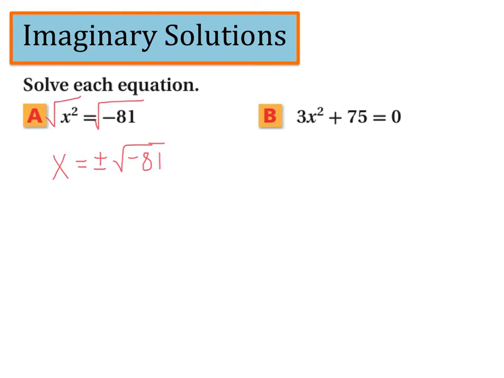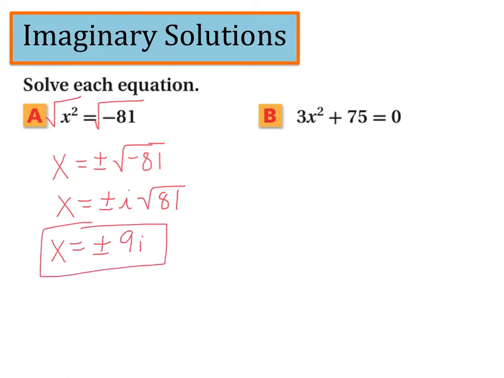So we don't like negatives under our radicals, so let's get rid of that negative under the radical. We have plus or minus, we'll take the i out, and then we have the square root of 81. Now we know that the square root of 81 is just 9, so our answer here is plus or minus 9i.